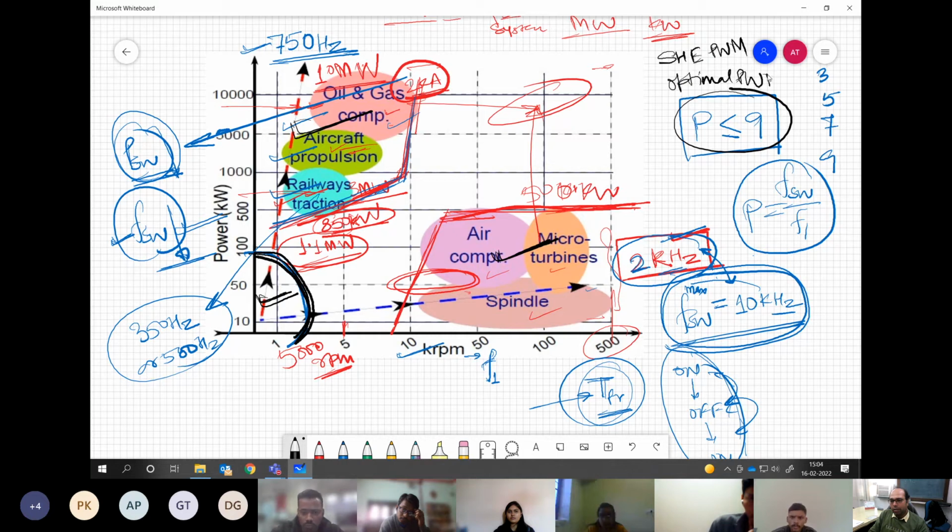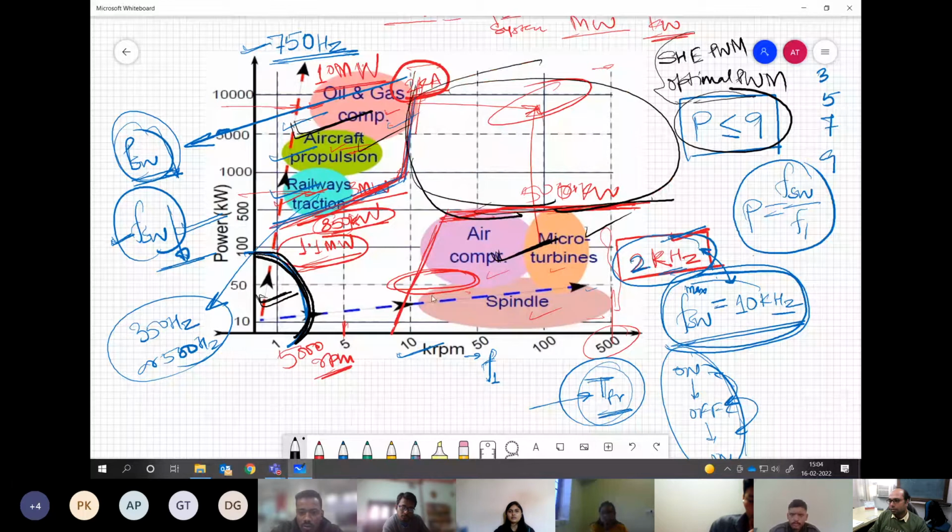These kind of low switching frequency PWM techniques are very suitable for these applications, even here as well. You understand the point?